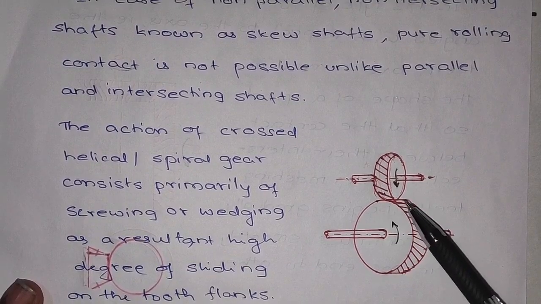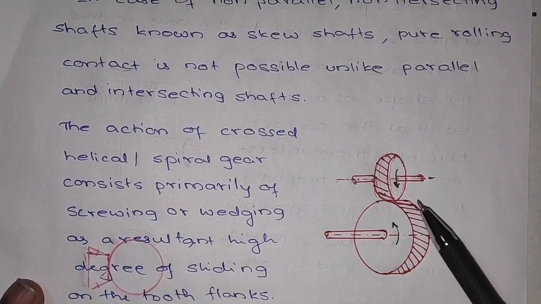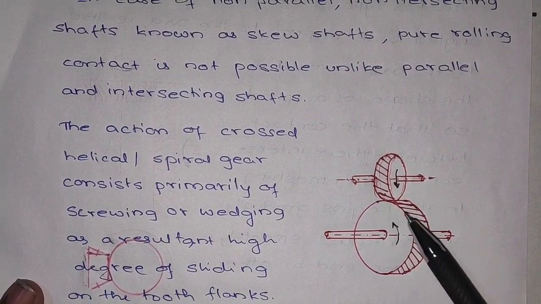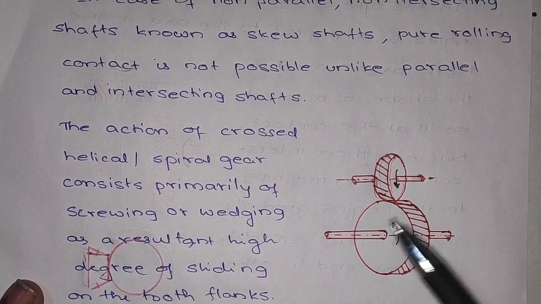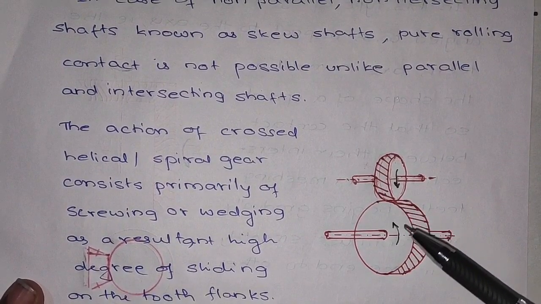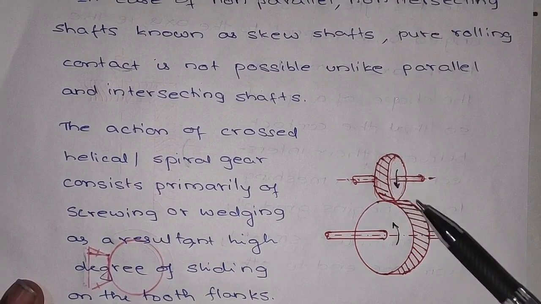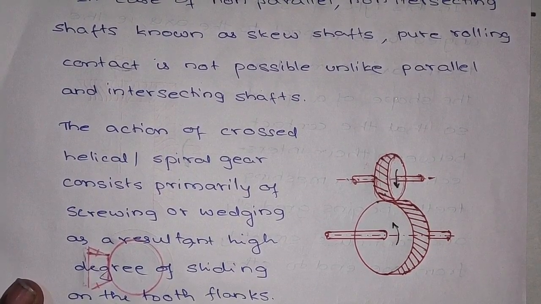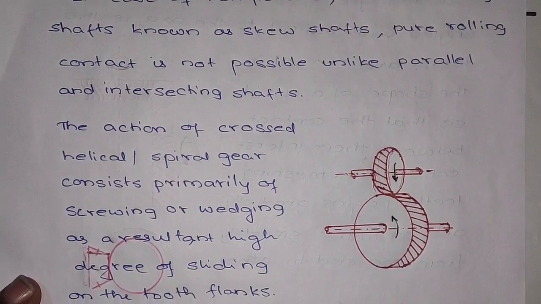So there is a point contact between the mating teeth, which limits the load carrying capacity of this gearing. Unlike other gears, if there was a line contact or a surface contact, it would carry more load, but in this case, since there is a point contact between the pinion and the gear, it has a very low load carrying capacity. So this is about the crossed helical or spiral gears.